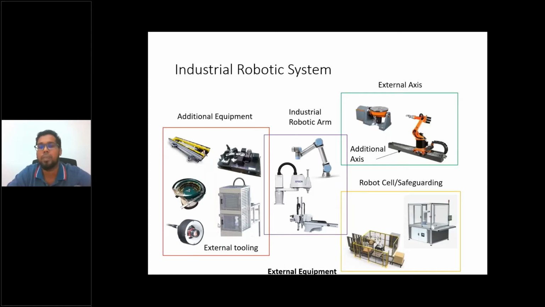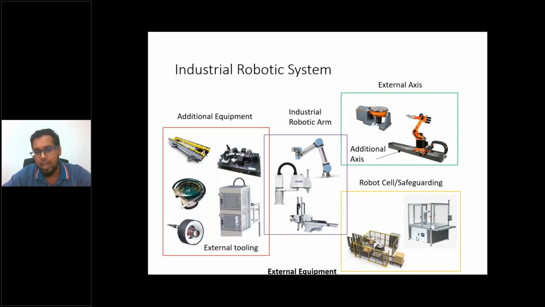Then for the external axis, let's say you need the robot to move further to handle parts, so we might need an additional axis. And in some cases like a CNC machine or 3D printing, we need the external axis to handle the part while the robot is static, with a 7th axis or 8th axis to control the parts you're handling.